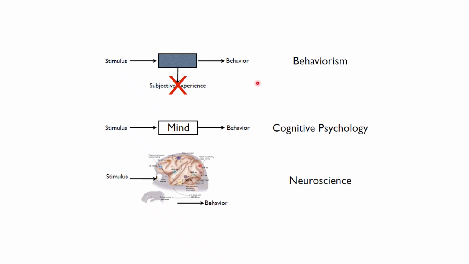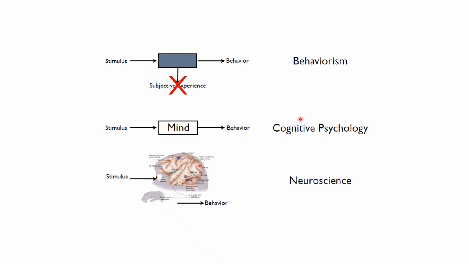Now the field of behaviorism or behavioral psychology, which was quite common say 50 years ago, thought of the brain as a black box, and the goal was to find a function or a mapping between the stimulus and the behavior. So basically some stimulus comes in and some behavior goes out. They did not think at all about the subjective experience or the emotions or anything. They just wanted to find a mapping between the stimulus and the behavior. That is one approach.